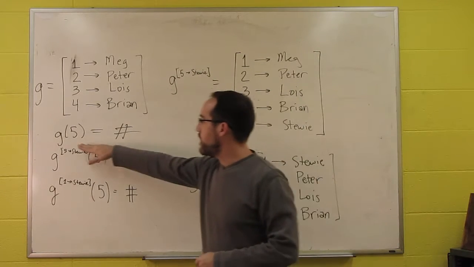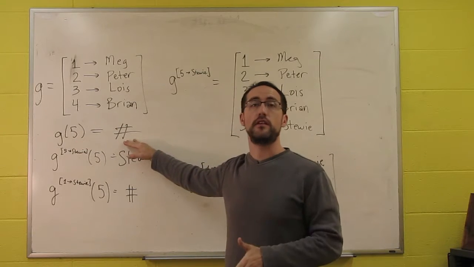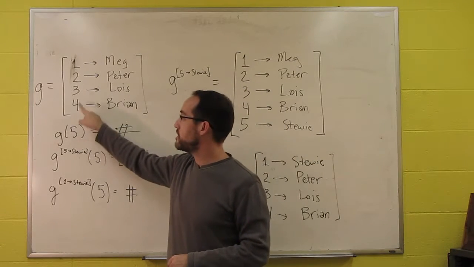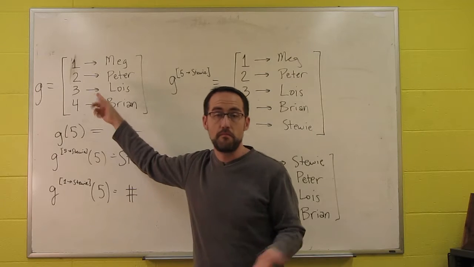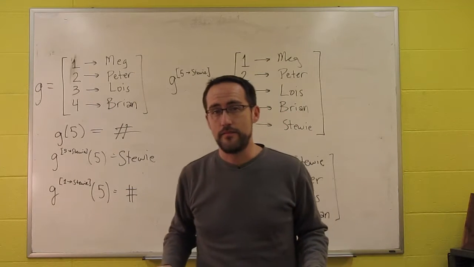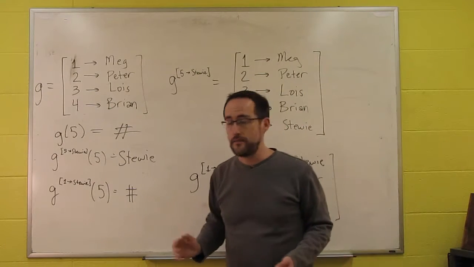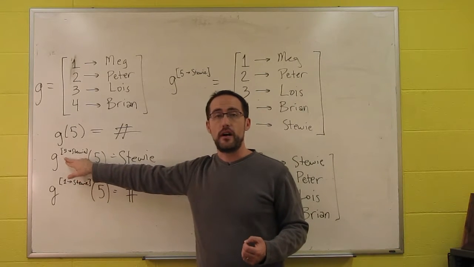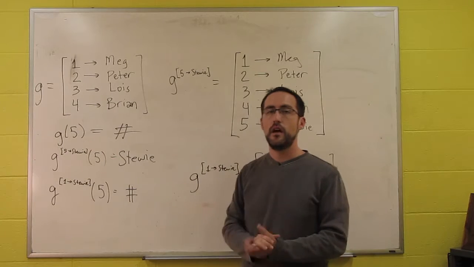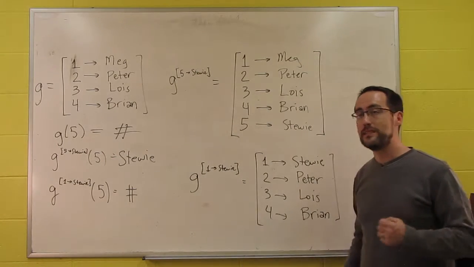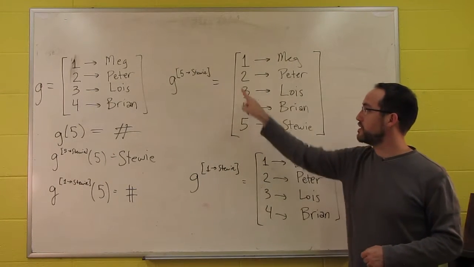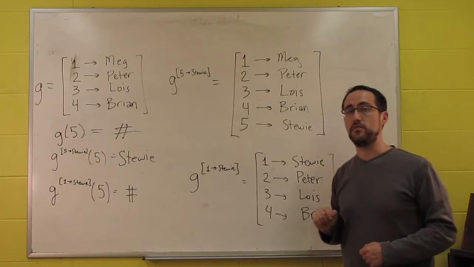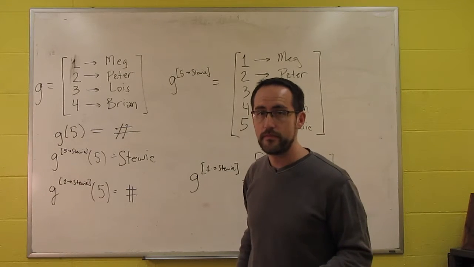So G of 5 is going to end up meaning nothing at all, because we can't plug 5 into the function. It's not in its domain. So that's going to work out just fine. If we have G modified so that 5 maps to Stewie of 5, well, now that is going to mean something because 5 is in the domain of this assignment function and it maps to Stewie, so it's going to give us Stewie.